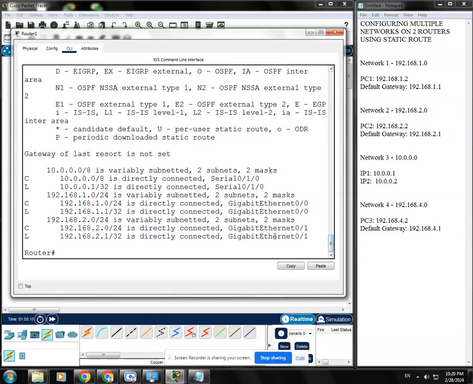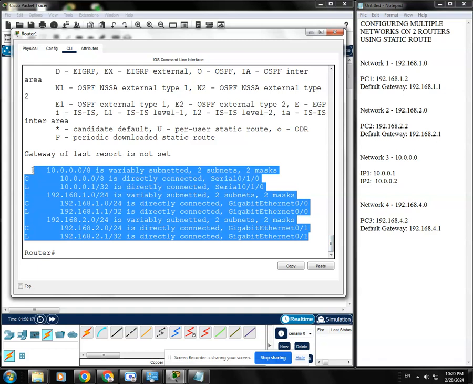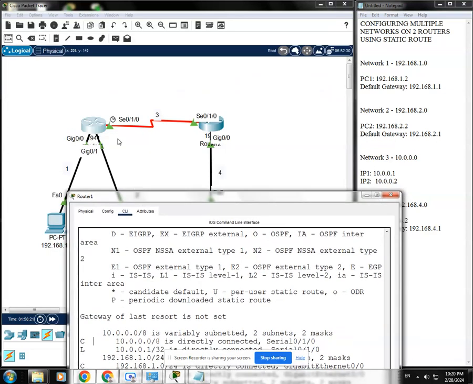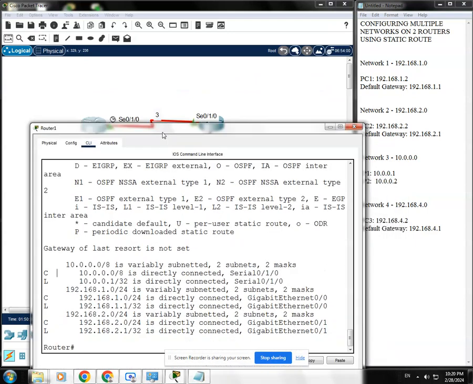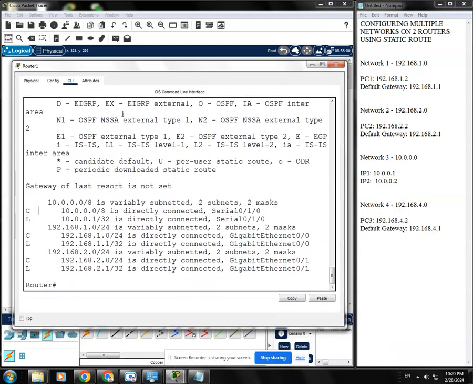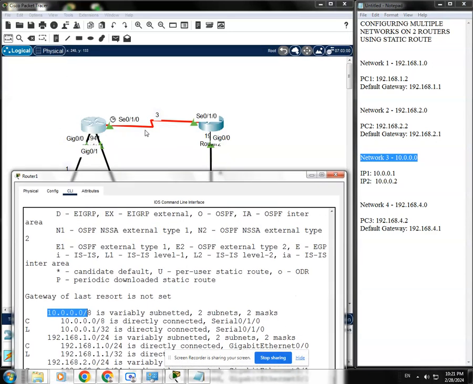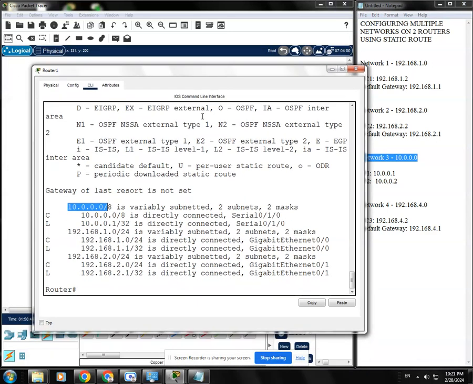If we examine this IP route, this router, which is this one, can see the 10 network, the 10.0.0.0/8, which is a class A. This network is this network, so it can see it. Why?